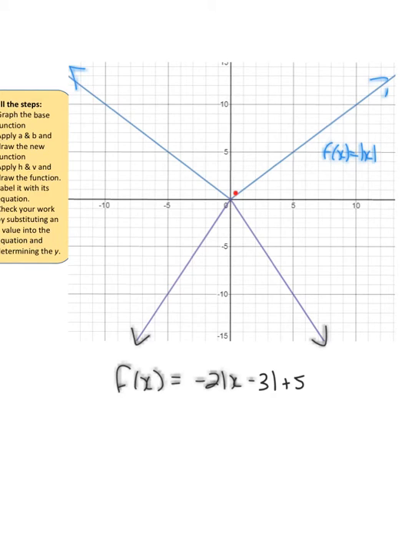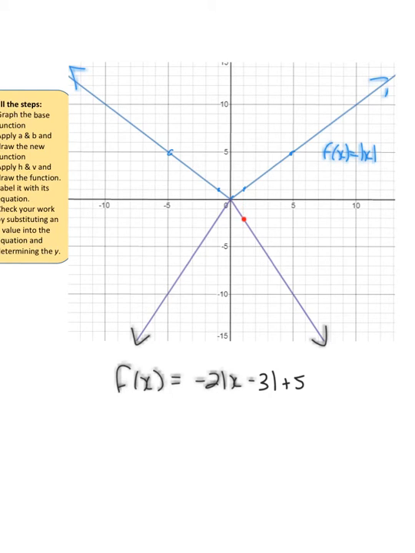So again, I've graphed this on Desmos so we can get an accurate look at what's going on. I just drew some key points on my original base absolute value function, and I'm going to transform those. So basically you're multiplying the y values by negative 2. So at the origin, the y value is 0, so 0 times negative 2 is still 0. And then here at (1, 1), the y value is 1, so multiply that by negative 2.